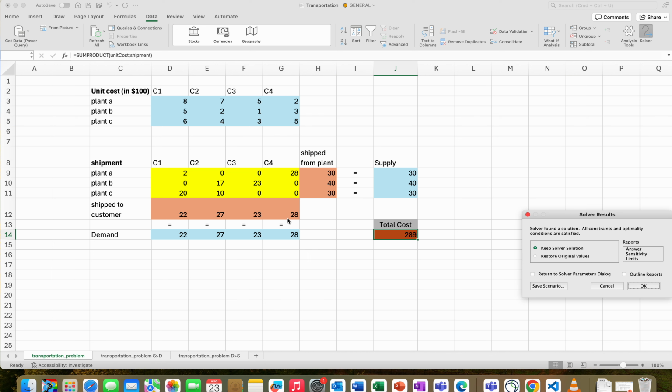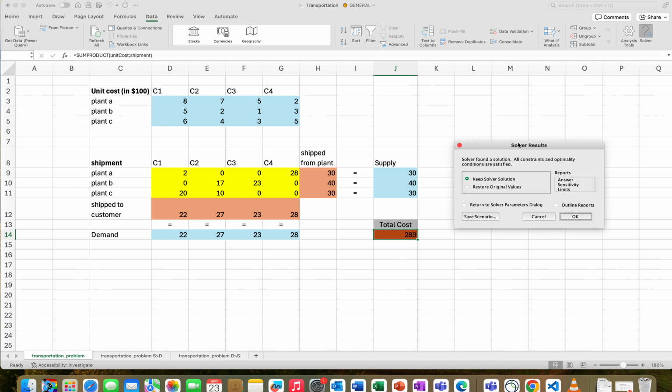For C4, the entire shipment comes from plant A. And one can notice that the higher shipment happens on the routes where the costs are lower, which makes a lot of obvious sense. Now let's try to understand the changes in the cost matrix and how they would affect the decision variables, or the different routes that we select, and the total cost.